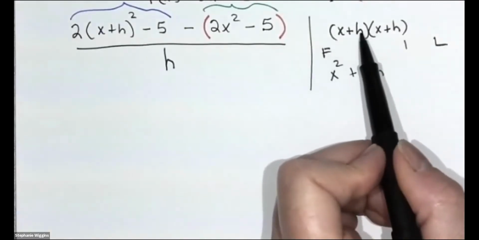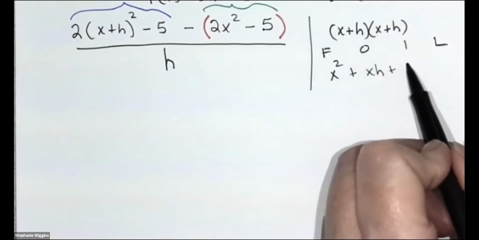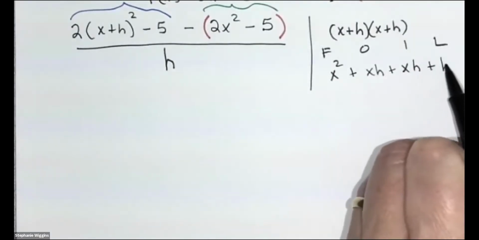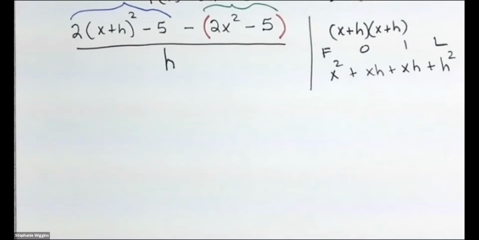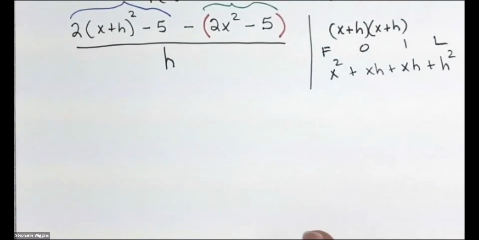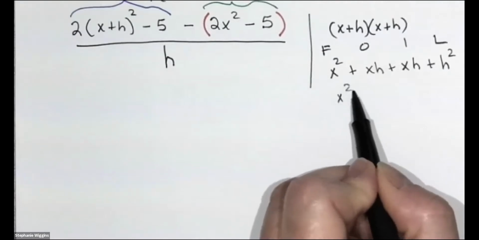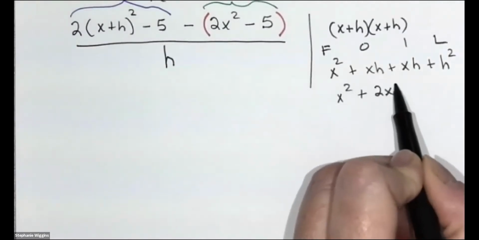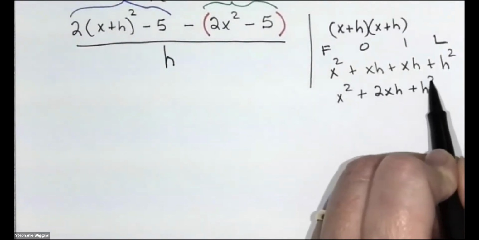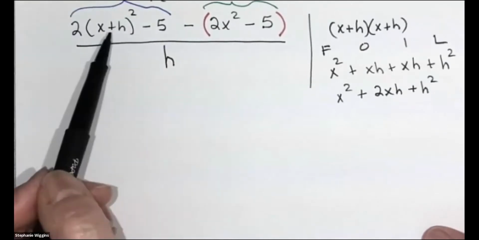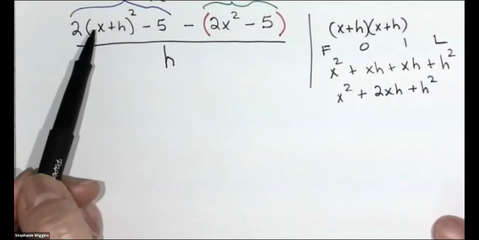The inside is h times x, which is another xh. And the last are h times h, which is h squared. Then when we simplify that, we're going to get x squared plus 2xh plus h squared. We're going to replace this right here.